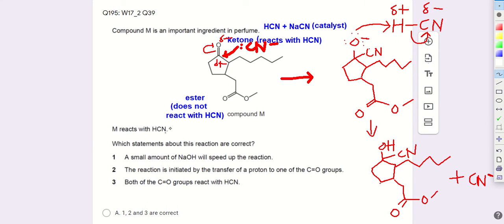So let's look at statement 1. It says that adding a little bit of sodium hydroxide will speed up the reaction. Can this sodium hydroxide react with HCN? Let's write an equation: NaOH with HCN. We get NaCN and H2O.